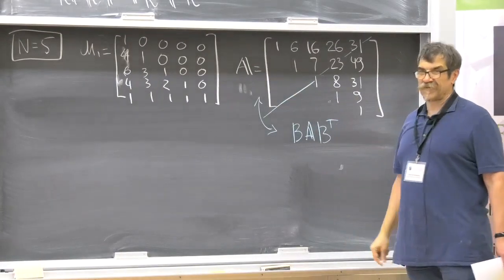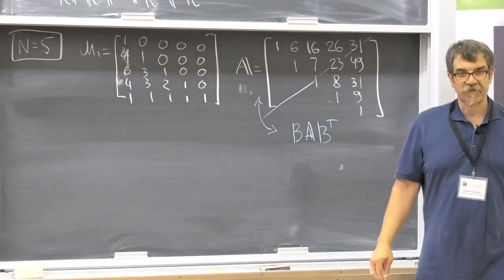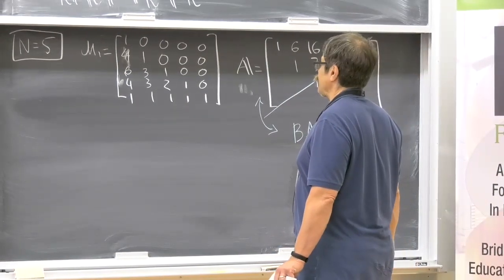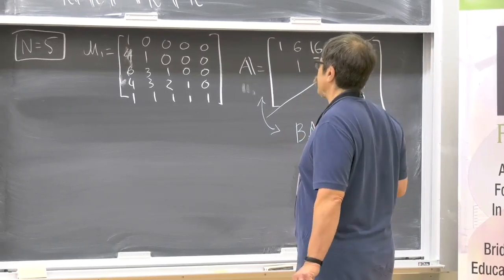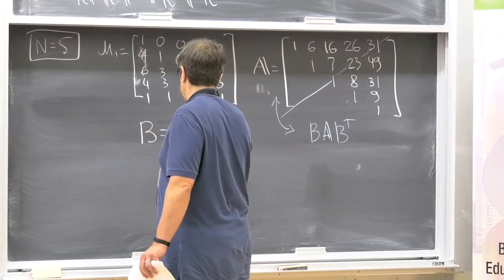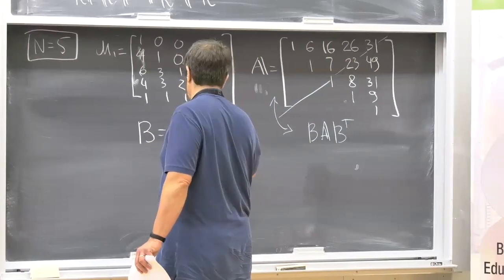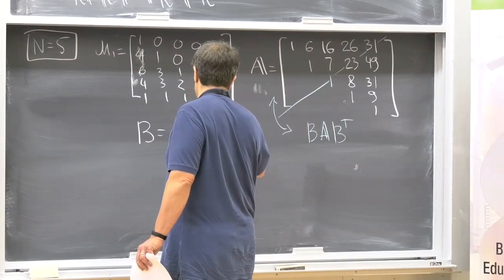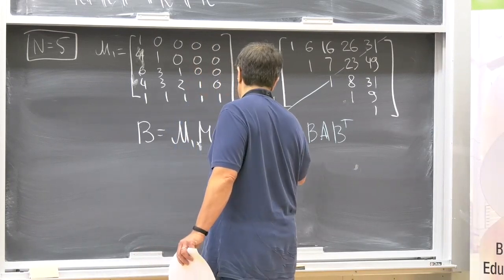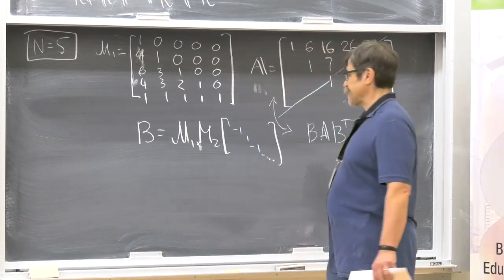Well, and these numbers are very mysterious actually. What is curly M? We have that this B is curly M1, curly M2 times just this sign matrix.